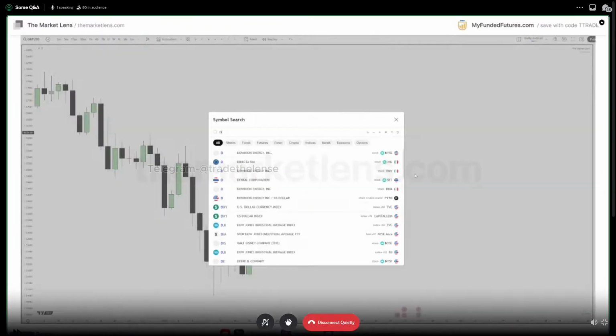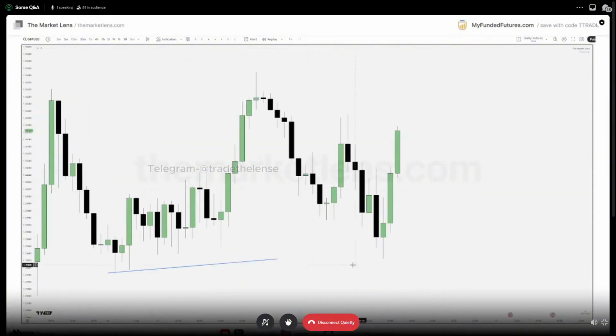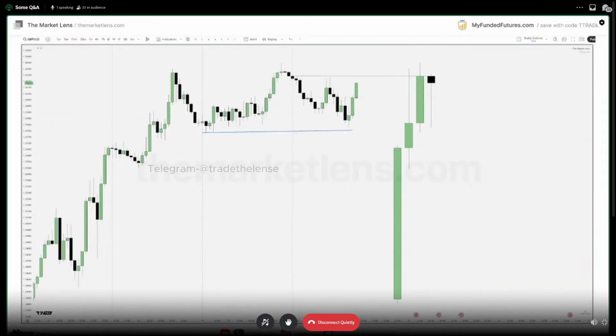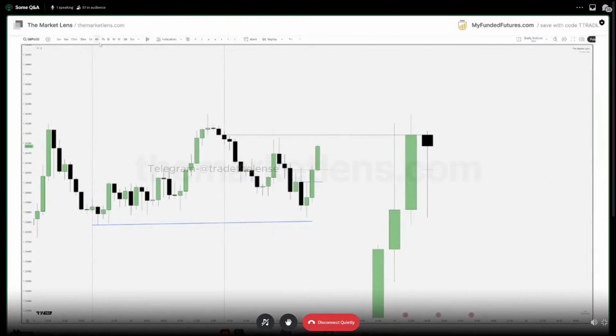It's quite the SMT there. Okay, ideal formation. Sick. So you could be looking to trade the 9 or the 10 a.m. candle long.